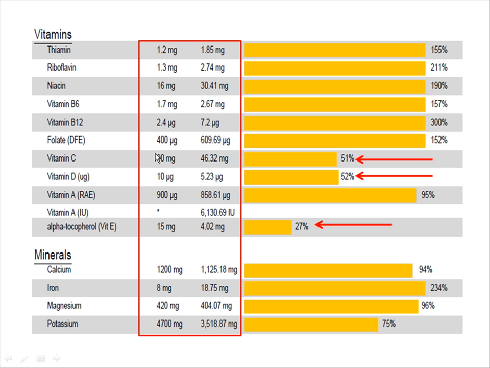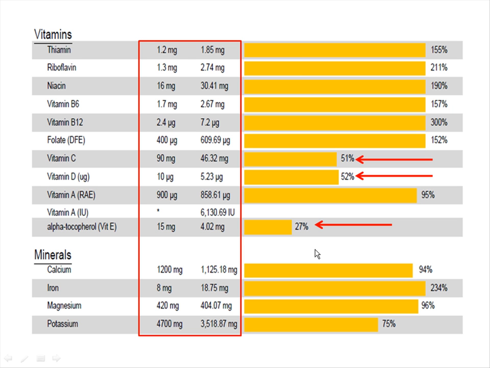So for vitamin C, 100% would be 90 milligrams in my case. For vitamin D, it'd be 10 micrograms. For vitamin E, it'd be 15 milligrams is my goal. So I'm going to have to increase from 46 up to 90 average. Again, it doesn't have to be each day. The average needs to be 90 milligrams.